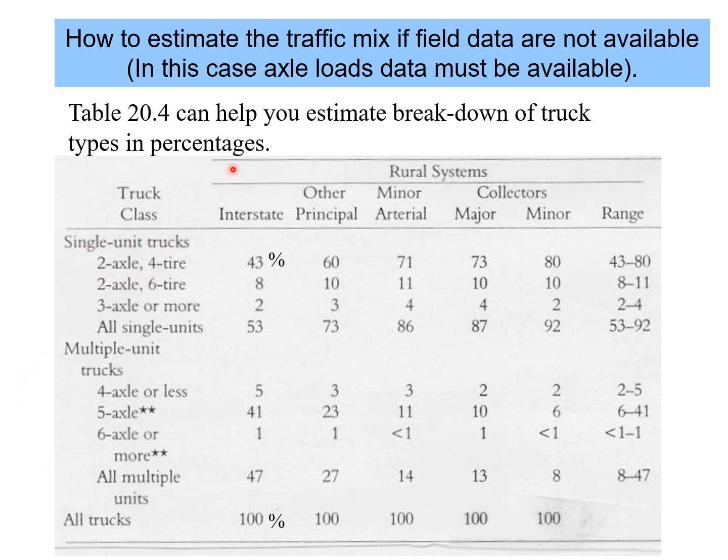For example, when you are considering the interstate rural highway, so you may take 2 axle 4 tire as 43% of the total traffic, and 2 axle 6 tire 8, and so on. So you can see that if you just add all these numbers, the sum is equal to 100. The same concept can be used for the other types of the roads.